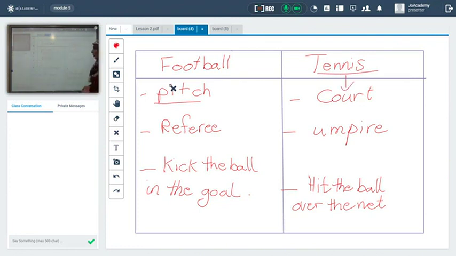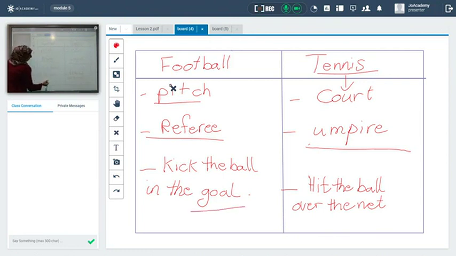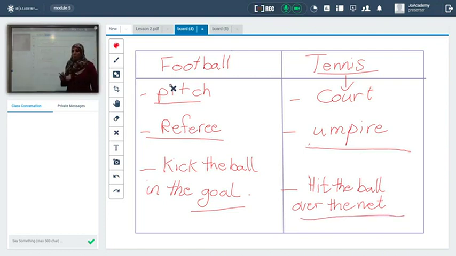The person who makes sure that the players are following the rules in football is called referee. But this person in tennis is called an umpire. In football, you kick the ball in the goal in order to score a point or to win a point. But in tennis, you hit the ball over the net to get a point.